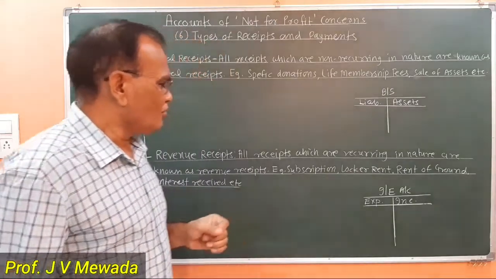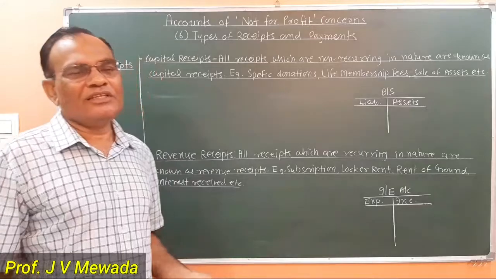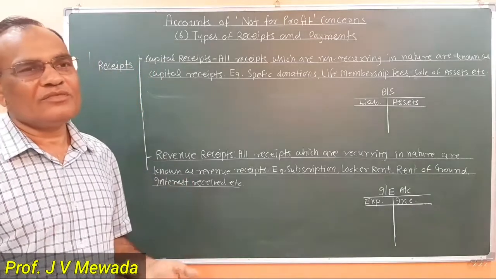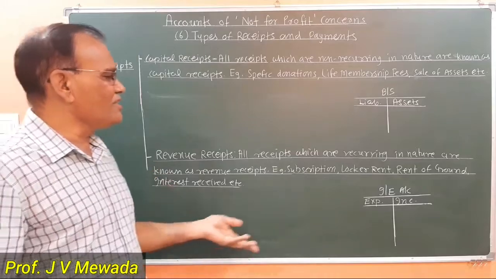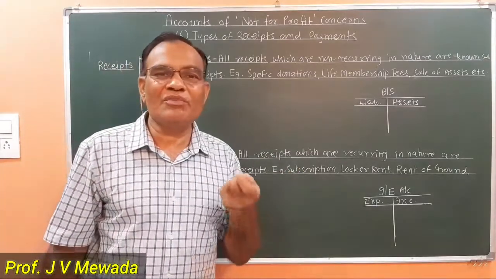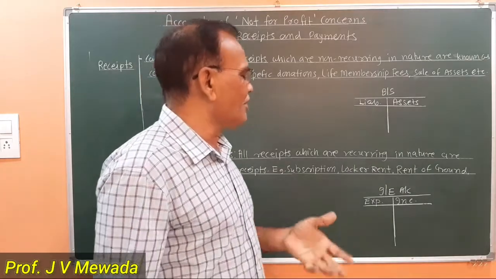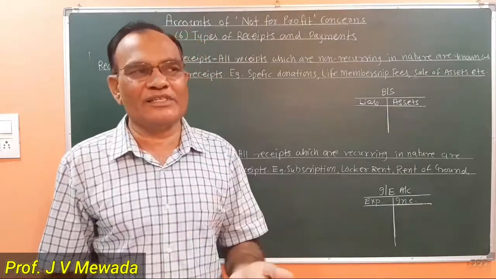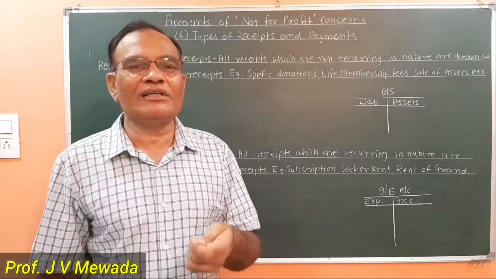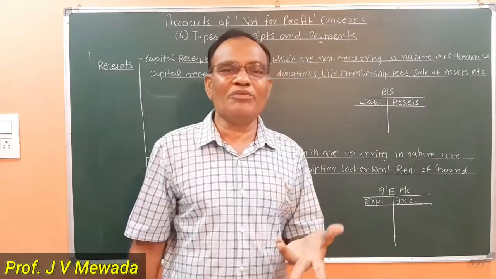Okay. Now on the other hand, revenue receipts are those which are recurring in nature. They are routine receipts that the NPO is going to receive from time to time. The examples are subscription. Now subscription is a main source of income, so they are going to receive. Now suppose that particular club or gymkhana, they are having lockers, so they are giving lockers on the rental basis, so they are receiving regular rent for the lockers, so locker rent. Then I give you the example of the ground.